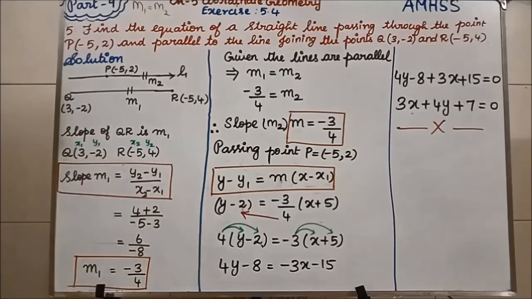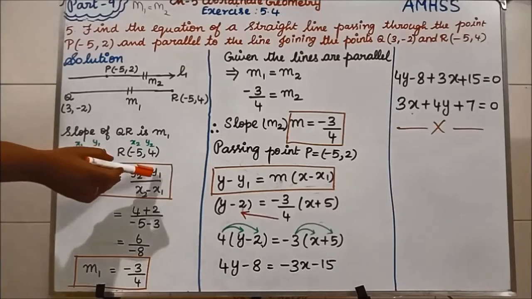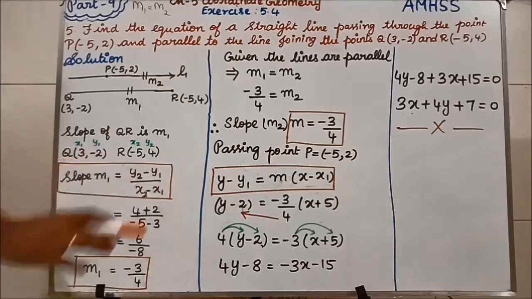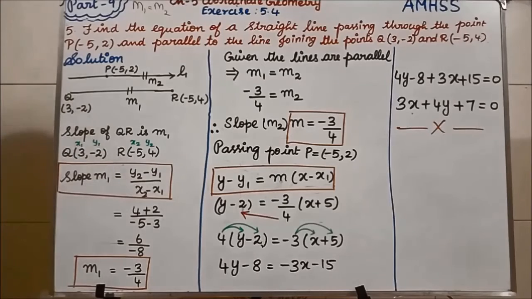In exercises 5.2 and 5.3, most of the problems we have used this formula only. For the two-point formula, to find the slope, immediately you have to write y2 minus y1 divided by x2 minus x1. I think you know what x1, y1 and x2, y2 are, isn't it?